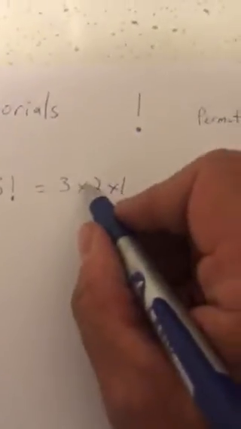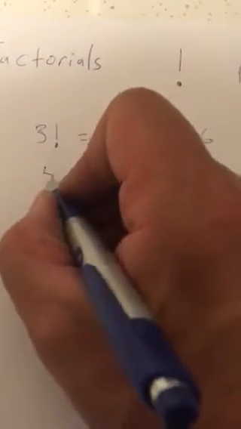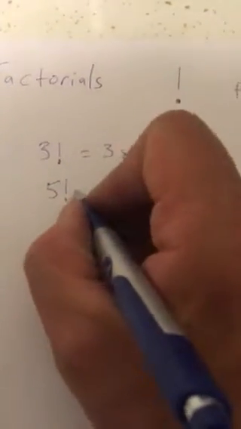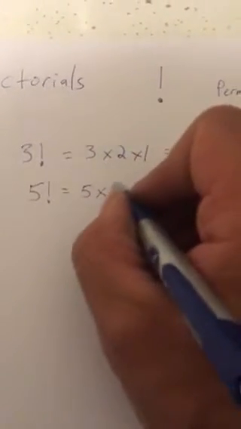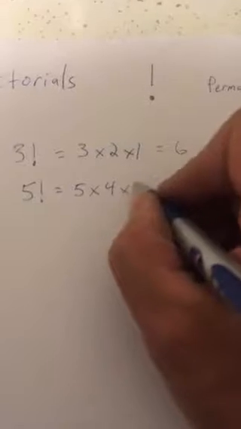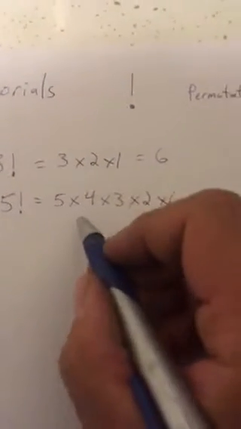So 3 times 2 times 1 is 6. And for example, if it was 5 factorial, it would be 5 times 4 times 3 times 2 times 1.